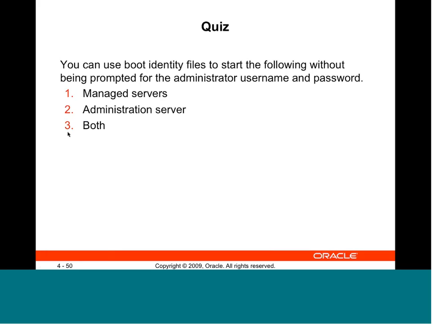After the domain is created, we will start with administrative activities like configuring a cluster, adding more managed servers to your cluster or to your boxes, and then deploying an application on a single server, deploying an application on a cluster, configuring your cluster so that your applications can take advantage of load balancing, workload management, failover, right? Understanding what is the concept of machine, right? Understanding what is the concept of node manager, understanding impact of node manager failure, right?